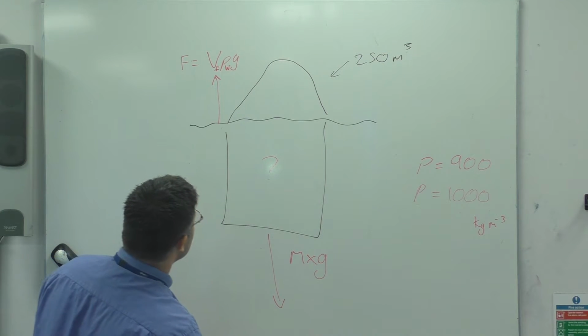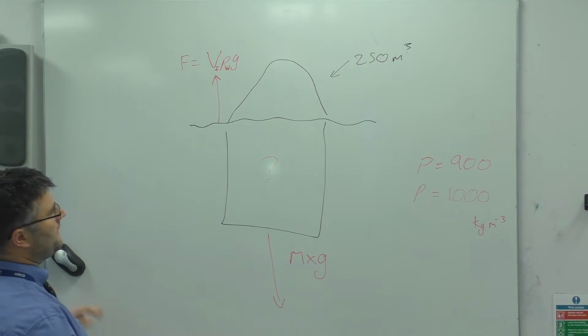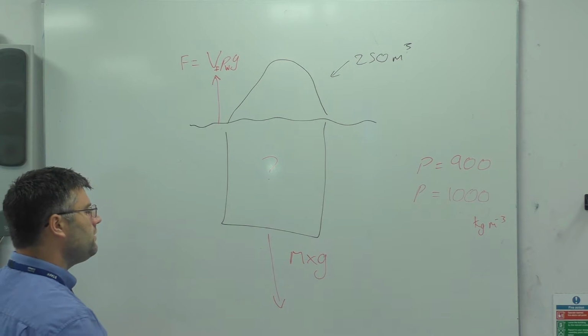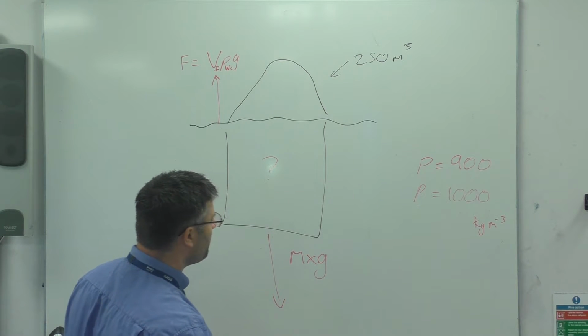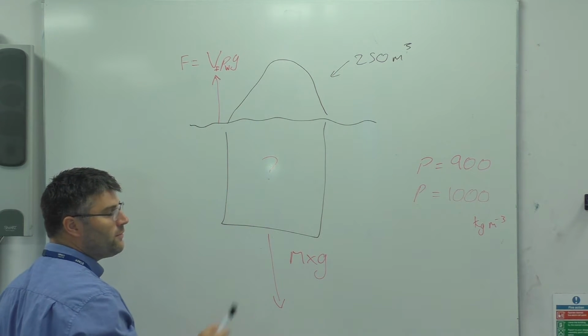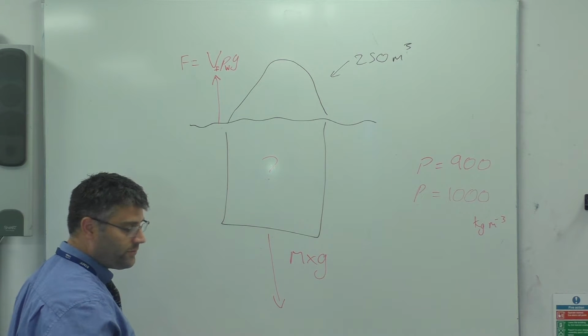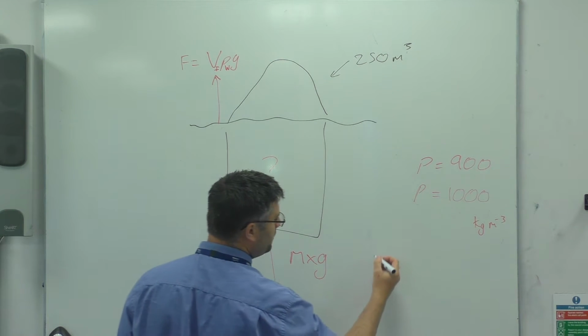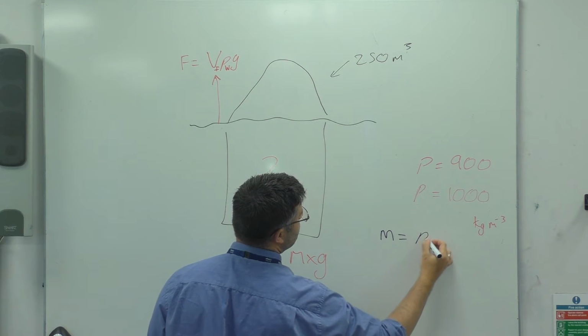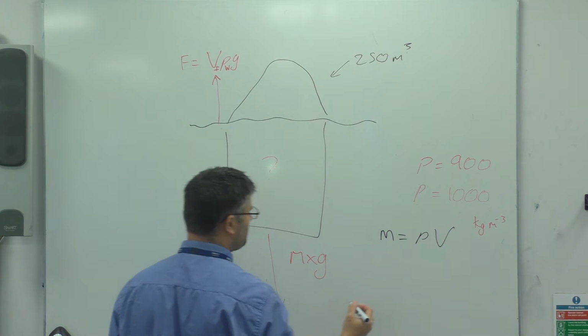So we need to just toy with these values a little bit, just to see if we can make them work for us. So this mg at the bottom here, we don't know the mass of this, but we do know its density, and we know its volume. So as from before, we suggested that mass is equal to the density times the volume.